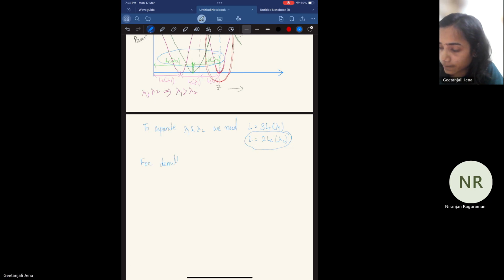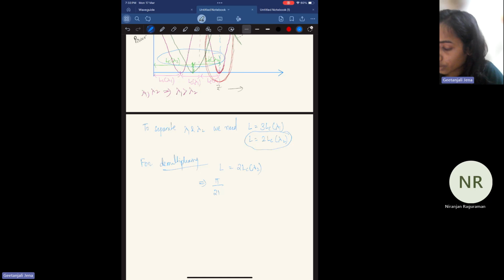Okay. So for demultiplexing, we need to have L equal to 2 LC lambda. Now L is already given.